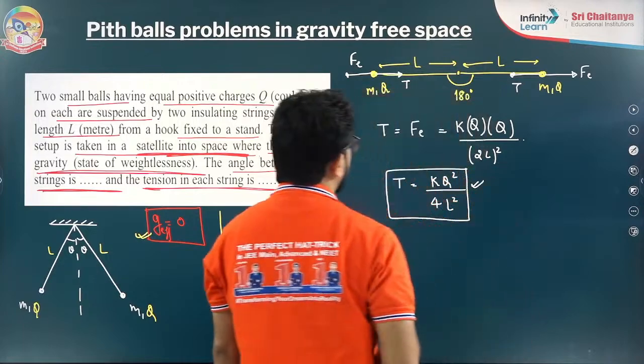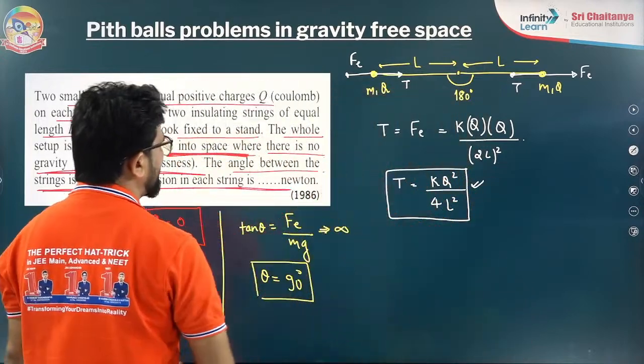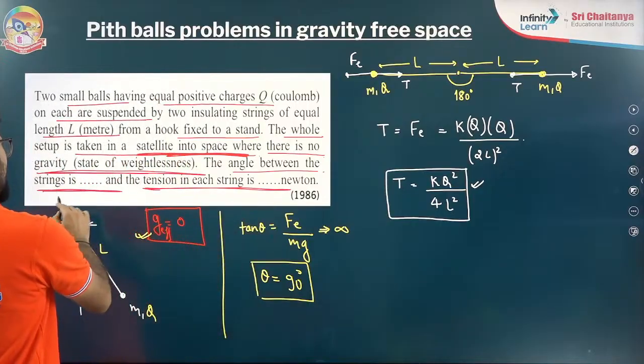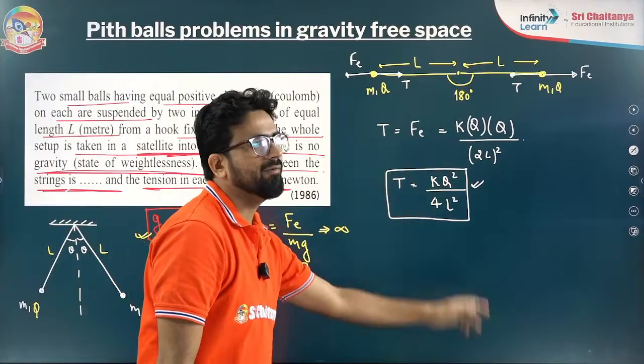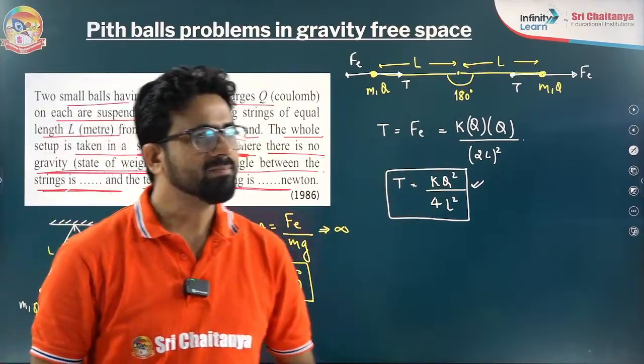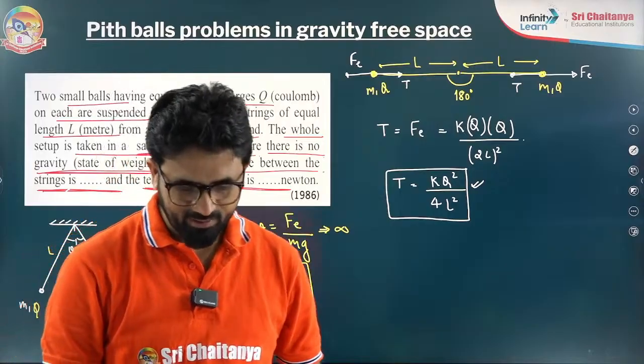And what is the angle between them? The angle between them is 180 degree. So what is the answer? The angle between them is 180 degree and tension in each string would be kQ square by 4L square. It is clear to everyone? Please check and tell me, beta.